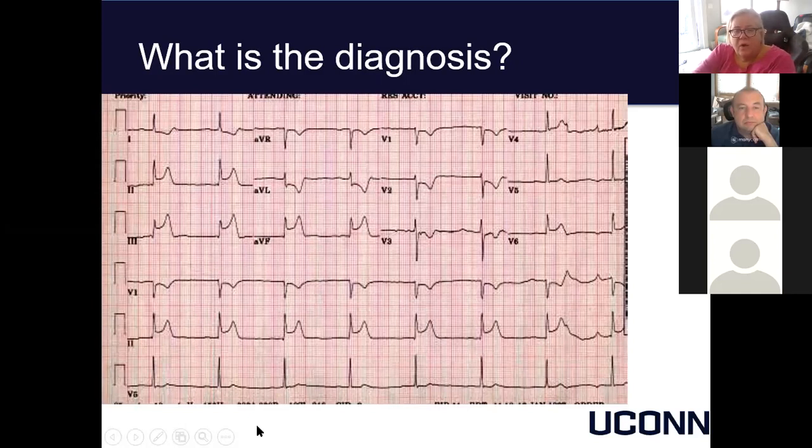I think we've got a prolonged PR interval. Where are the P waves? I can't actually see them. So looking down here, that's a P, that's a P, that's a P. They're subtle, for sure.